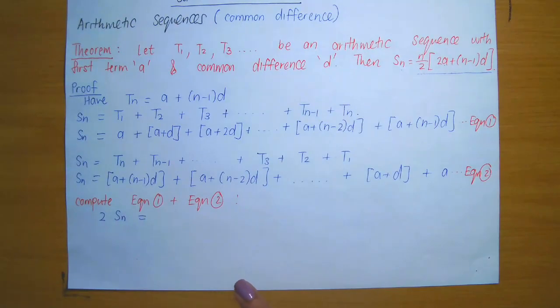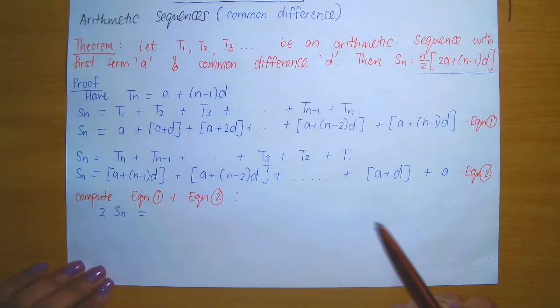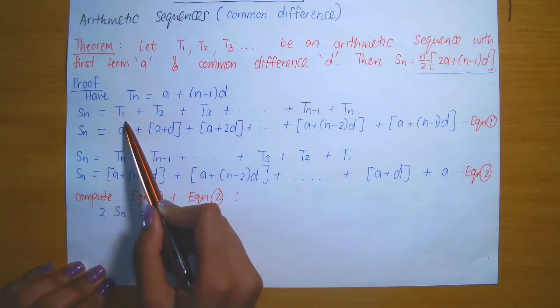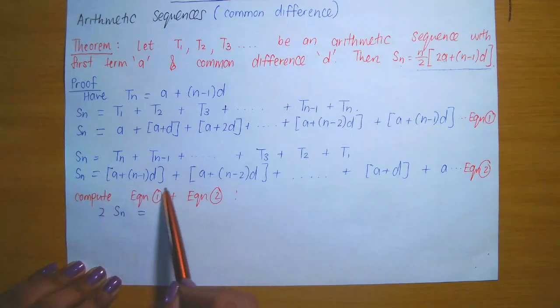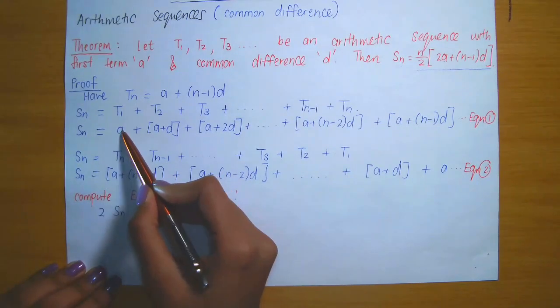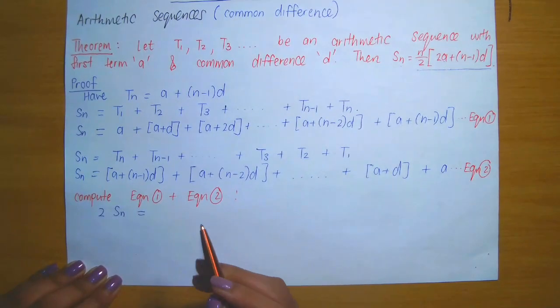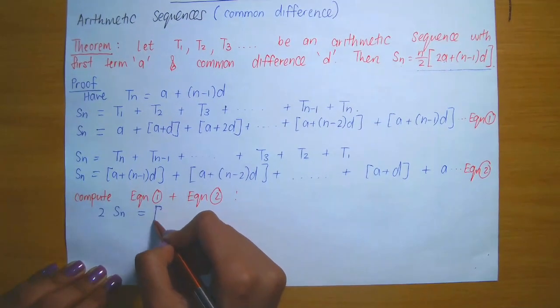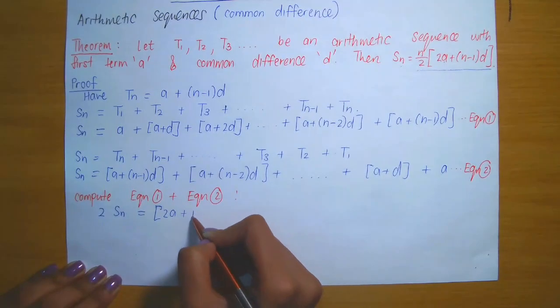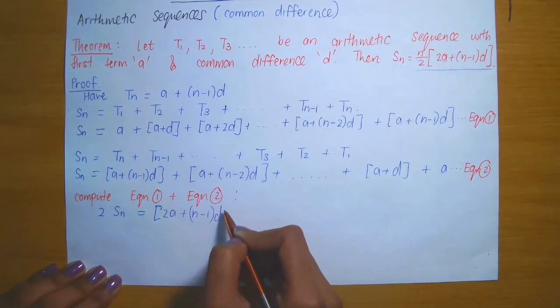So when we're looking at the right-hand side, we are going to add corresponding terms. So we are now going to add the first term in here with the first term on the right-hand side. So it's a plus n minus 1 times d, which is actually 2a plus n minus 1 times d.